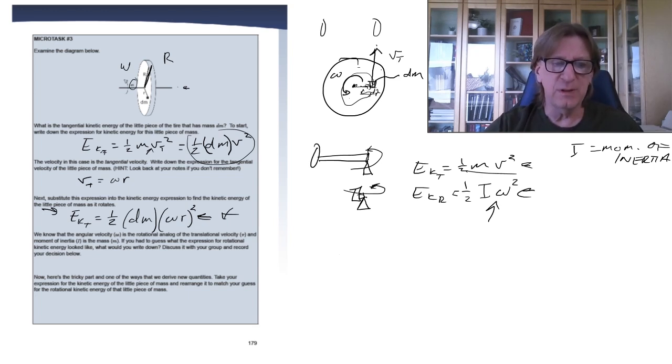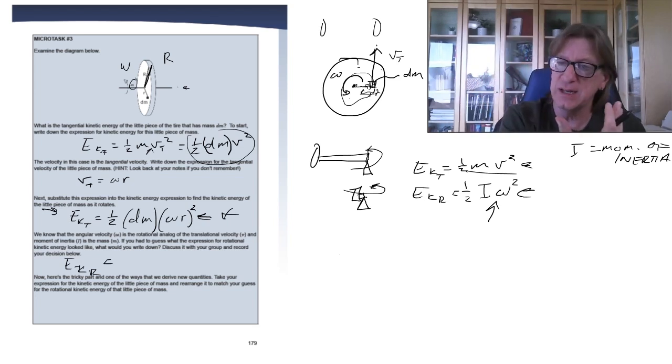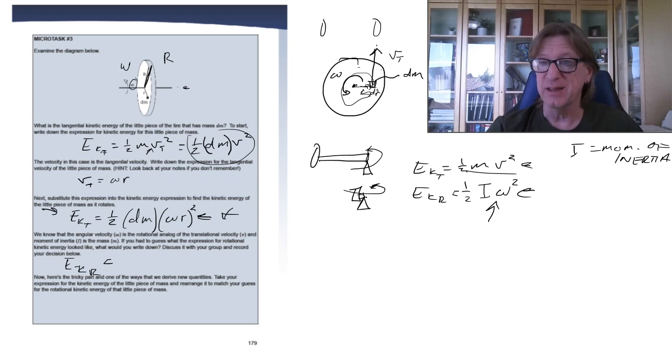All right, let's see what we have here. We know that our kinetic energy, which is now about to be our rotational kinetic energy, is the same thing as the translational kinetic energy. You can prove that because if I were able to let it go, my rotational kinetic energy would be 100% transferred into my translational kinetic energy. The 1/2 is easy.